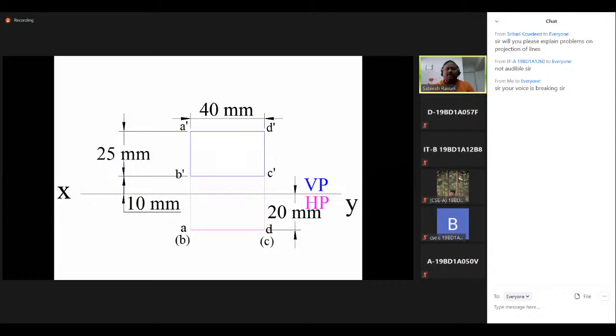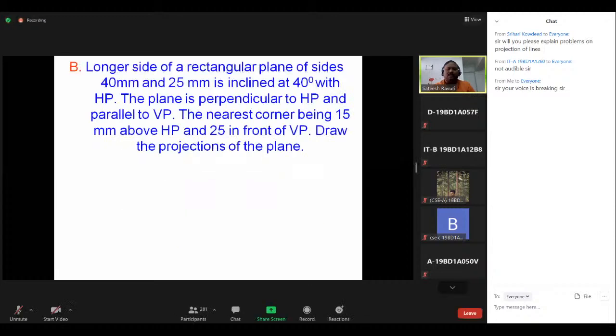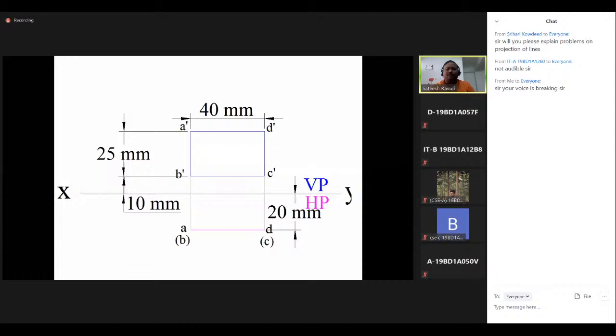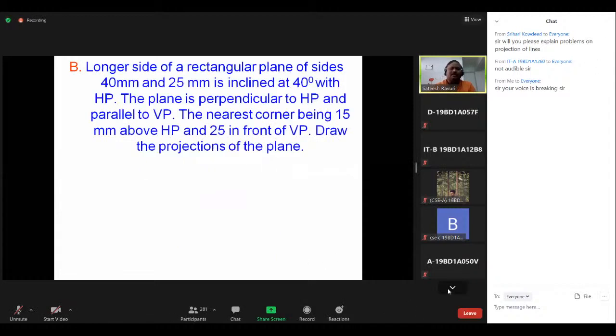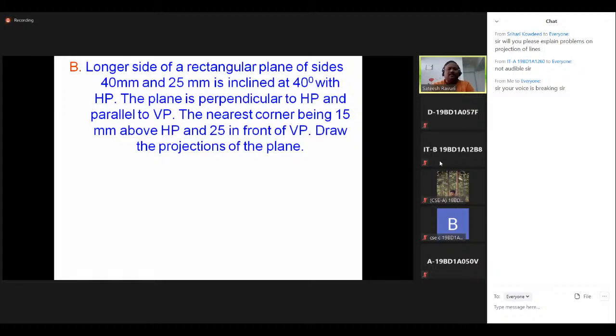So below the XY line, you should draw the line 20 mm below because it is 20 mm in front of VP. So that is the second category problem, a rectangular plane which is perpendicular to one and parallel to the other. With more clarity, it is perpendicular to HP and parallel to VP.